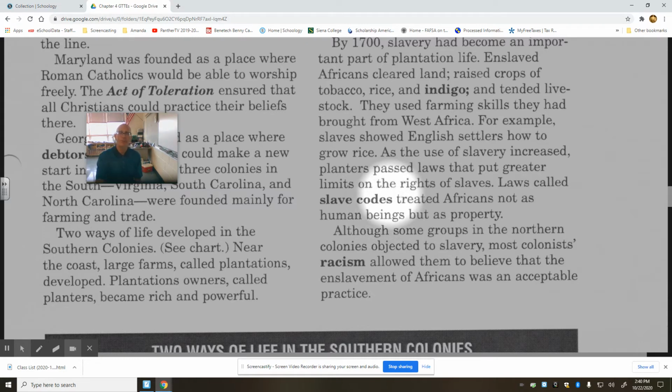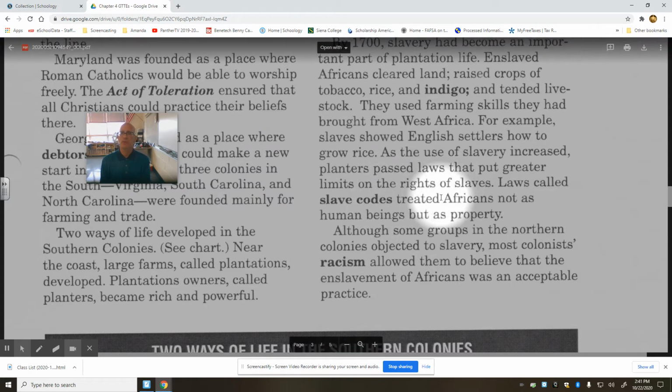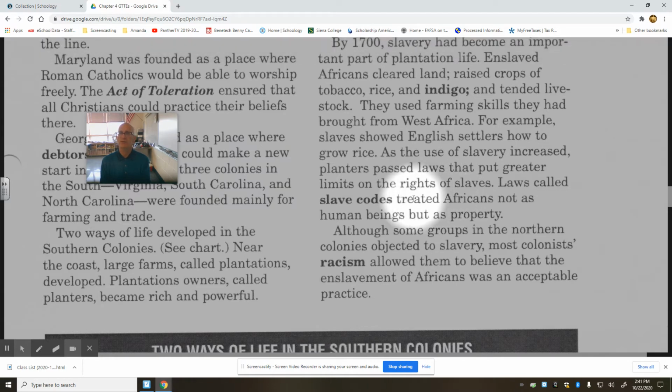Now, there were some individuals and some groups in the North that opposed slavery early on in the colonial period. One of them we mentioned was the Quakers from Pennsylvania.